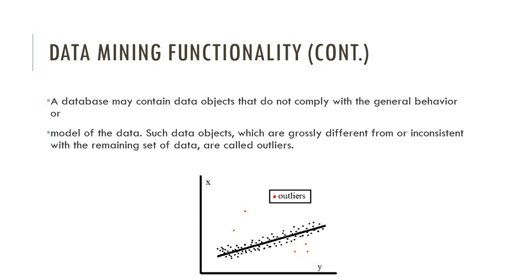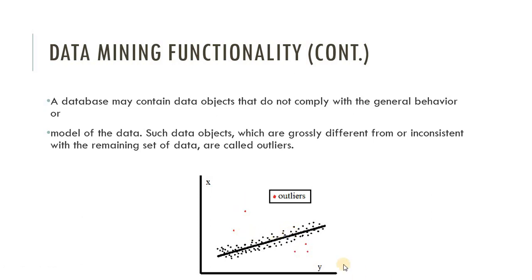Based on the figure, you can see that there is a bunch of data points. These data points are the same, but there are some red data points which are different from the black data points, yet they lie in the same database.